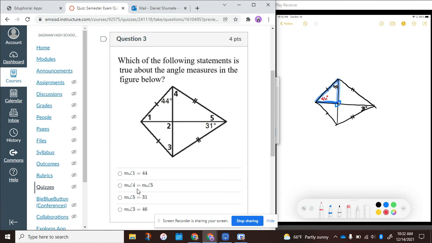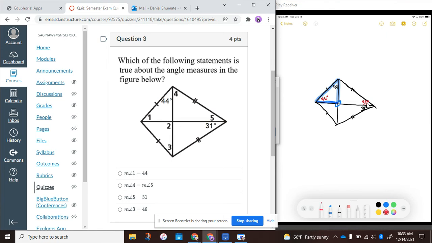Up next, our answer choice asks us, is it possible that angle 4 and angle 5 are congruent? Well, again, we know this one is 90 degrees, and we know that this angle down here is 31. Well, that tells us angle 5 is also 31 degrees. The diagonals on a kite bisect those angles. This longer diagonal right here splits both of these angles in half.